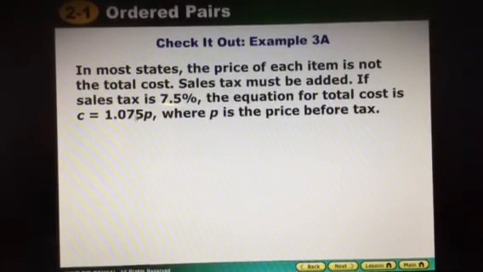And then we'll add that to the 0.075 times the item, and that'll put it all together as the cost of the item plus the tax. So that's why we use 1.075.